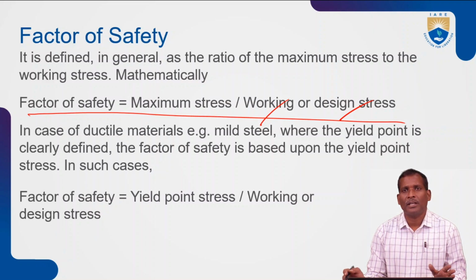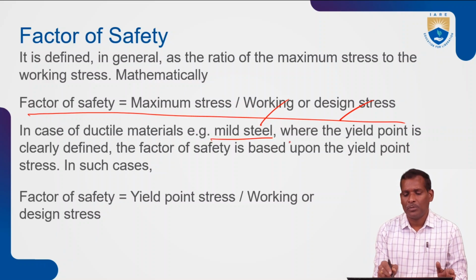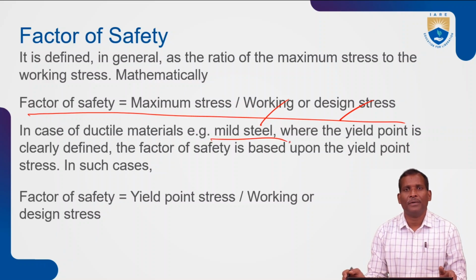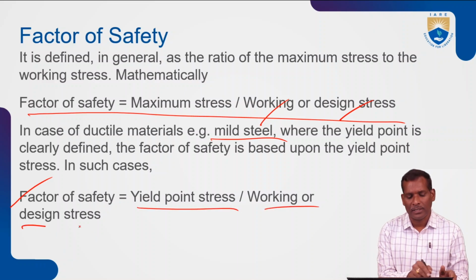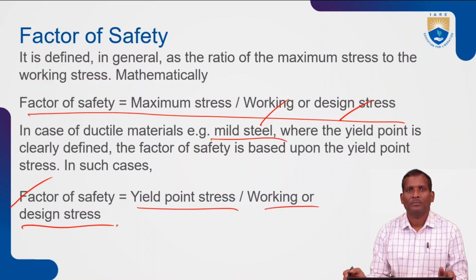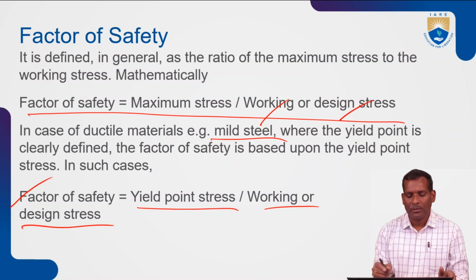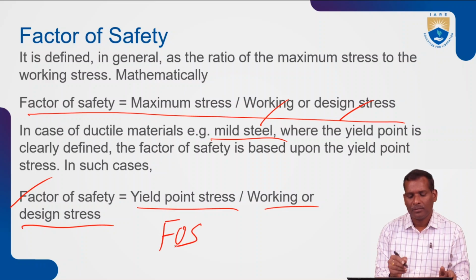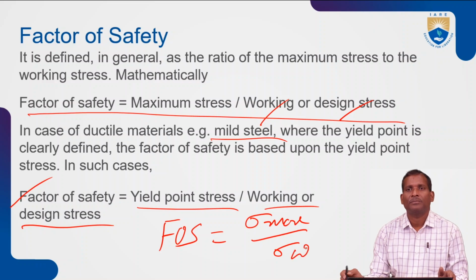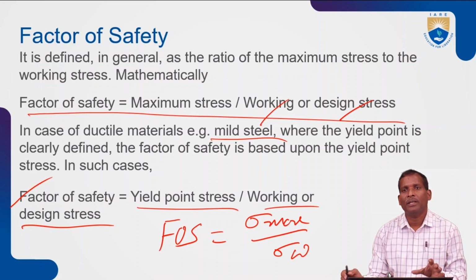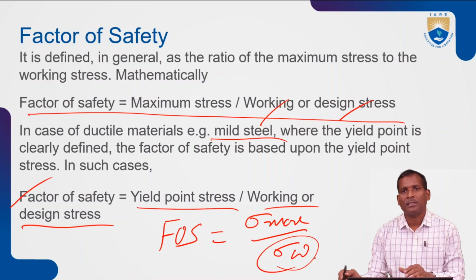In the case of ductile materials, mild steel for example, where the yield point is clearly defined, the factor of safety is based upon the yield point stress, that is, yield point stress upon working or design stress. You can write the factor of safety, FOS, as maximum stress by working stress. The working stress is always less than the maximum stress.